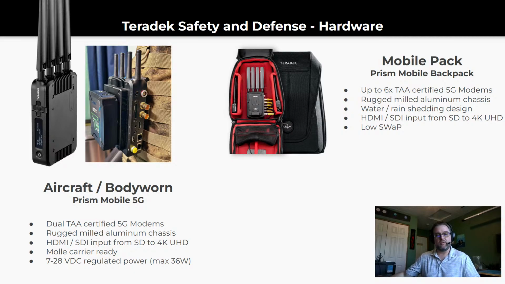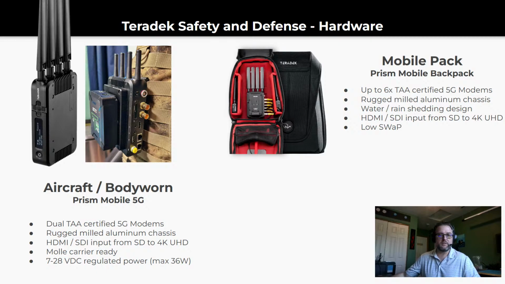These work on very resilient power circuits as well, so we could take in 7 to 28 volts of regulated DC voltage. So if we are working within an aircraft, having a regulated DC connection that exists on the aircraft is something that we could power off of as well.